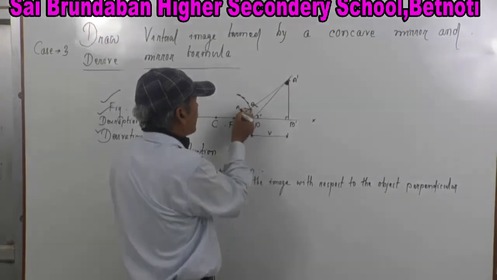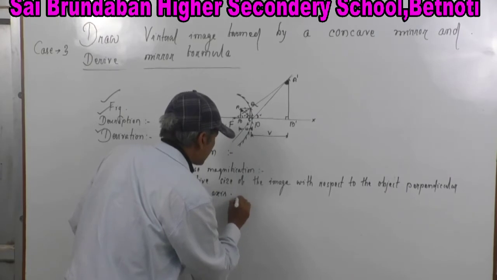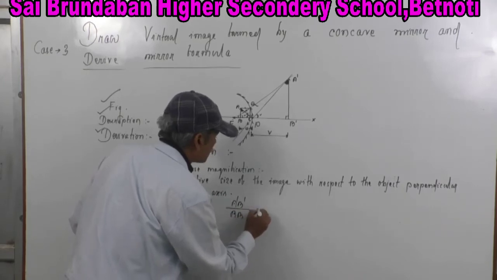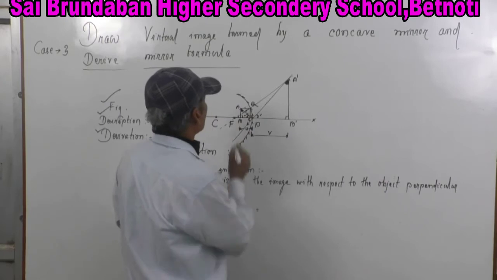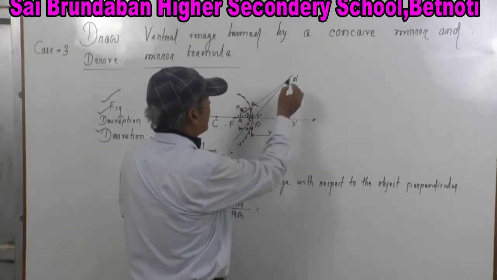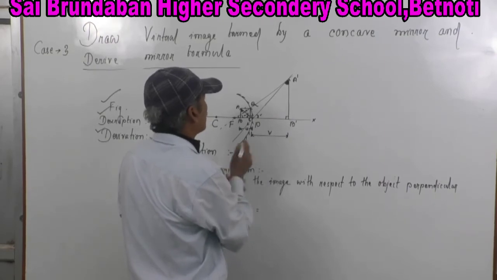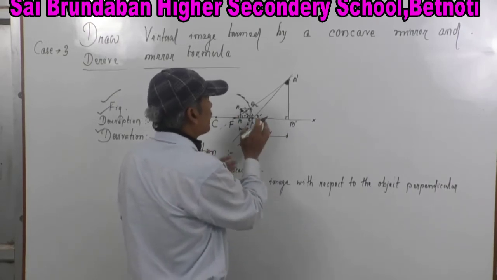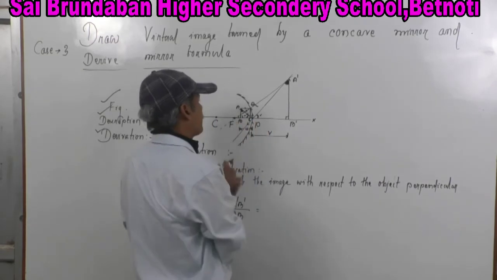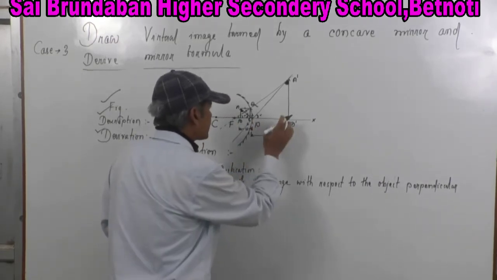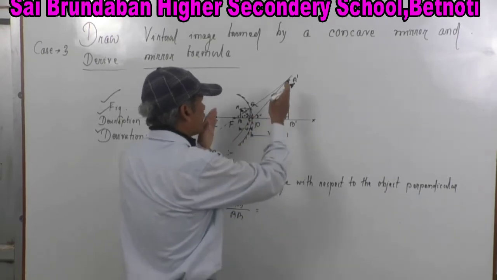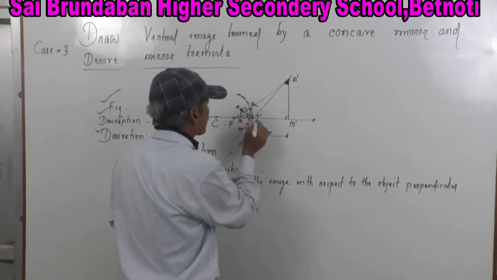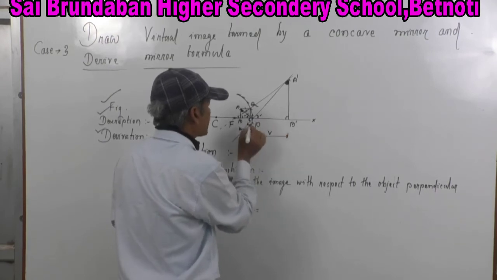A dash B dash by AB. In triangles ABP and A dash B dash P, both the triangles are similar, so A dash B dash by AB is equal to PB dash by PB.